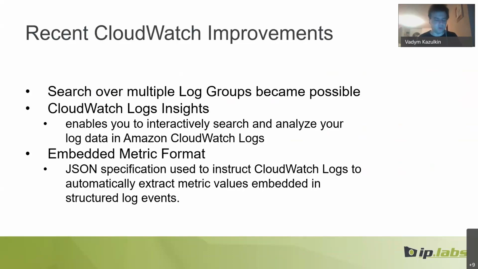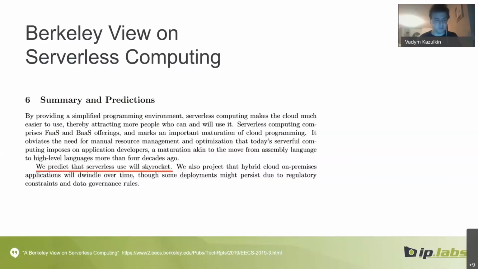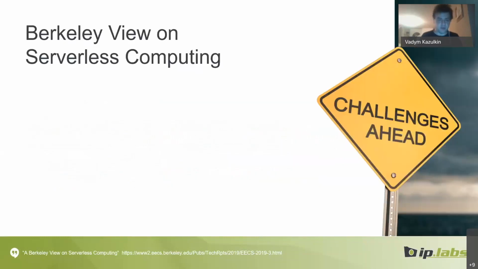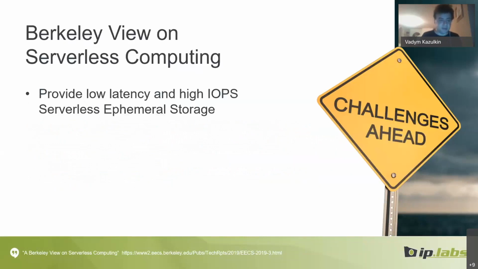There are a lot of reports. You see, they predict that serverless adoption increases, which is the same thing I am currently seeing, but there are also challenges ahead. Like we've talked about, providing low latency IOPS, ephemeral storage.